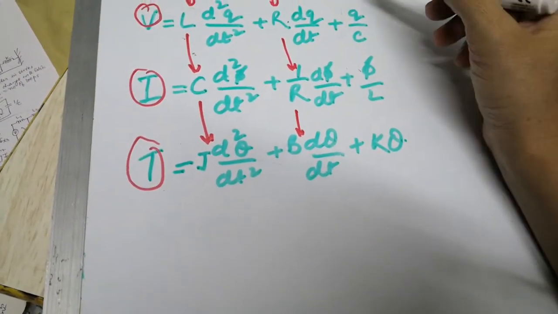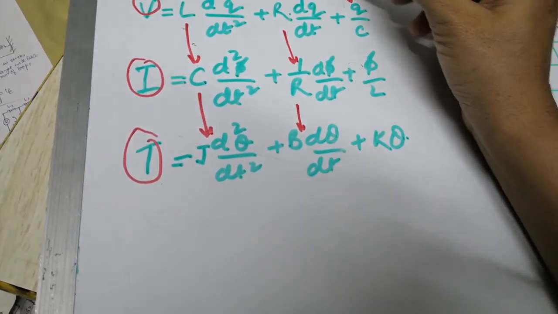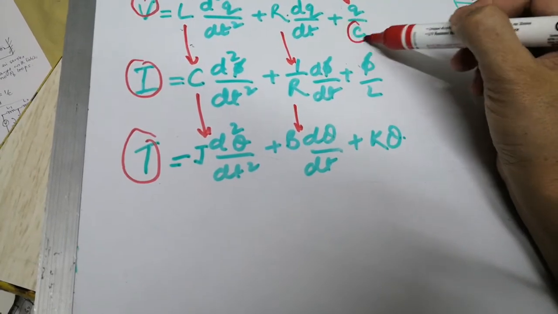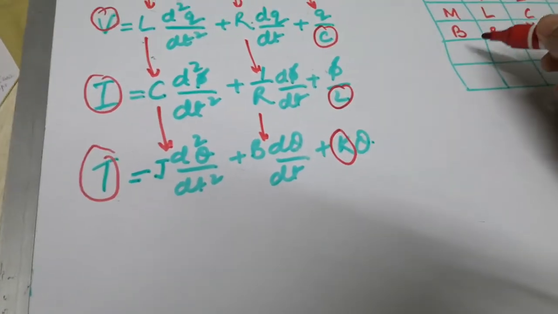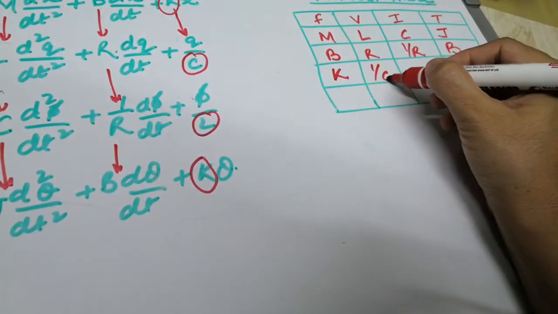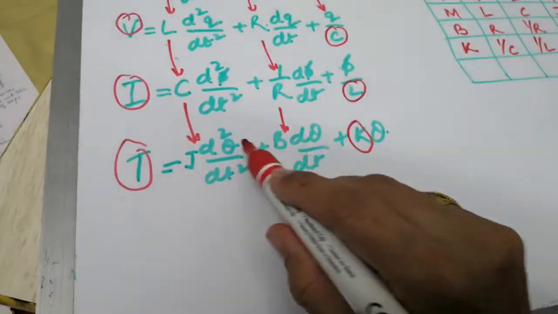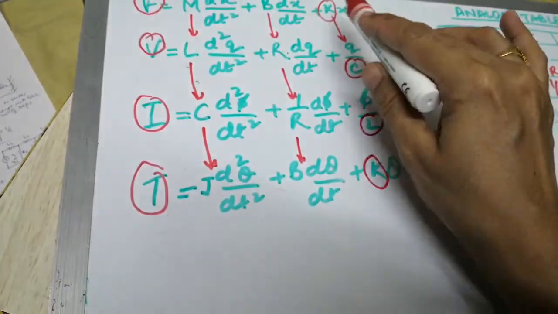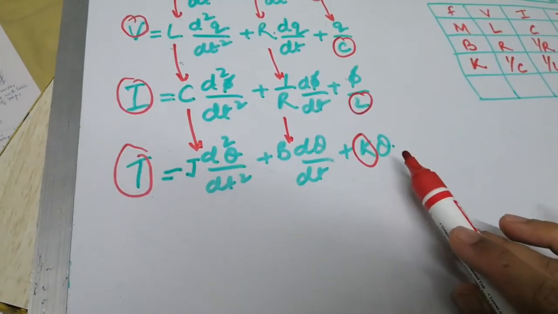Similarly, with the constant term, we have got K, 1 upon C, then 1 upon L, and then K. So now what is in this term? This is the displacement, this is the charge, this is the flux, and this is the angular displacement.